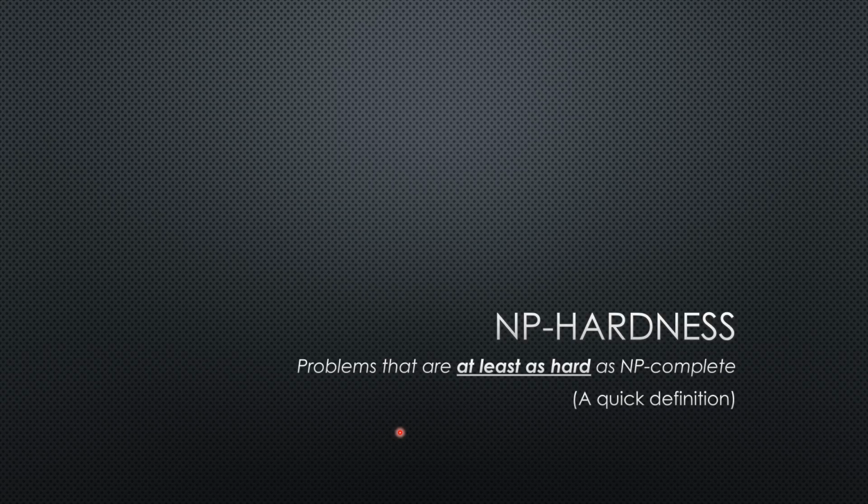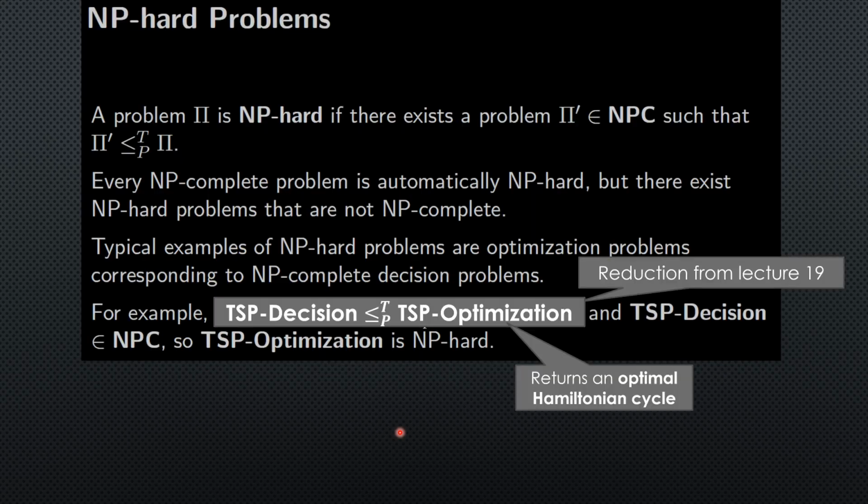So if you can reduce an NP complete problem to some problem pi, then pi is NP hard, whether it's a decision problem or not. If it's a decision problem and it's in NP, it's also NP complete. But either way, it's an NP hard problem. Here's a formal description. A problem pi is NP hard if there exists some NP complete problem that can be reduced in poly time to pi.